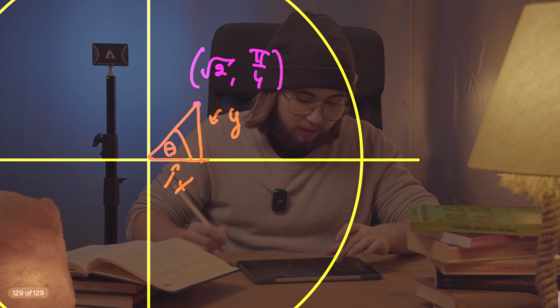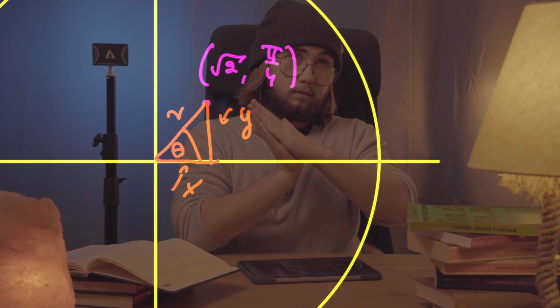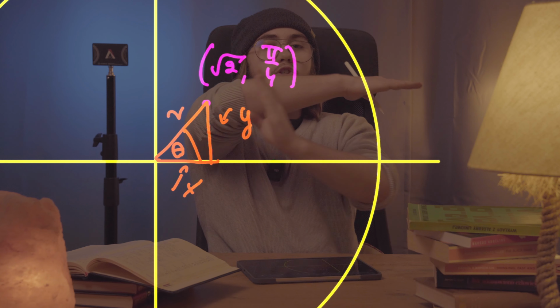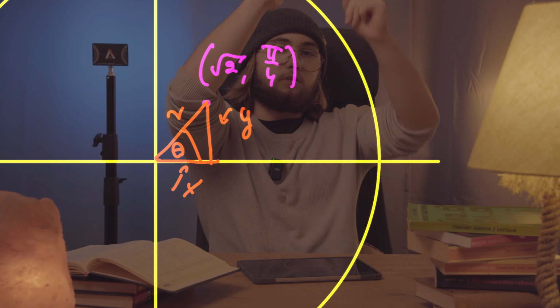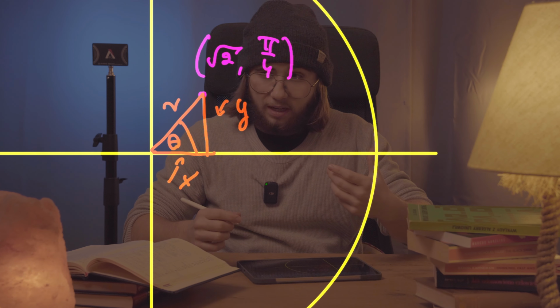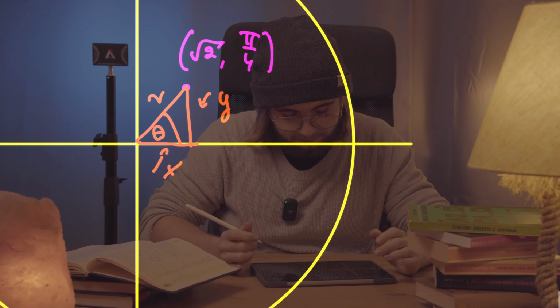And so what we'll actually get, if this is our r, the distance we have to travel from the origin to that point and then rotate that point by the angle of theta, is going to be the, I think it's called the hypotenuse.